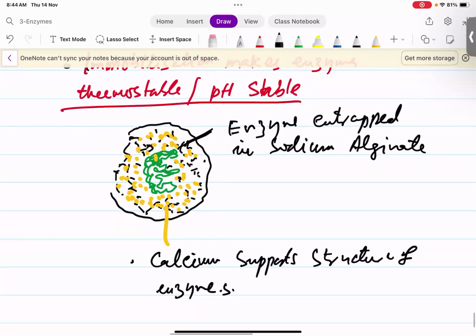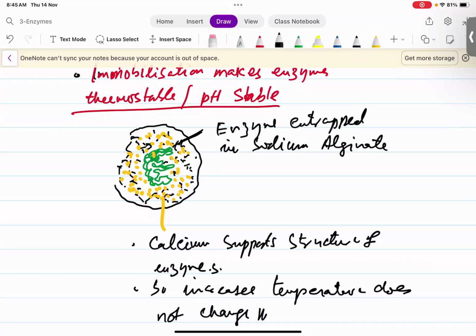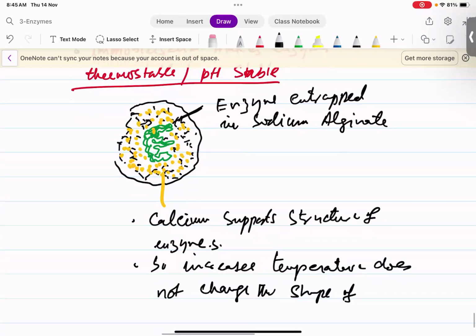So increasing temperature does not change the shape of enzyme.